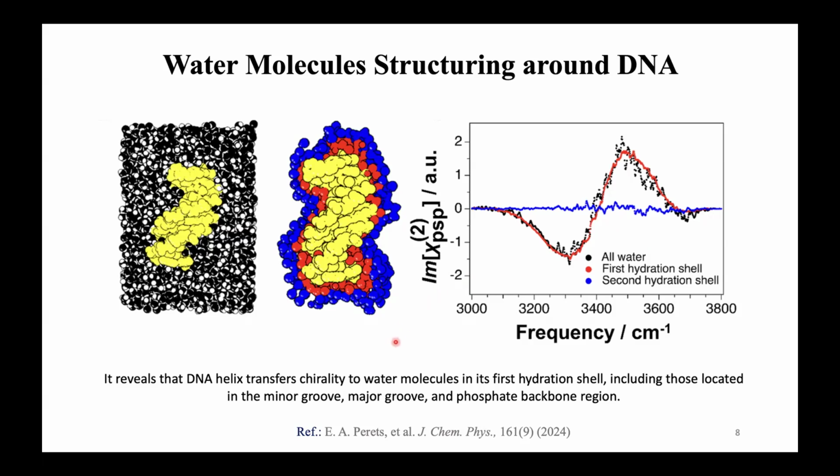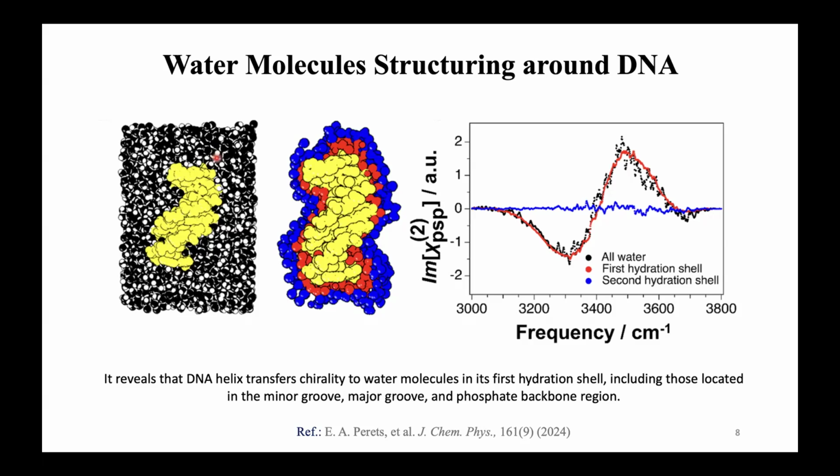This includes not only the minor groove, but also the major groove and the water molecules localized near the phosphate groups of DNA. On the slide, you can see the results of MD simulation, which agree with the experimental data.